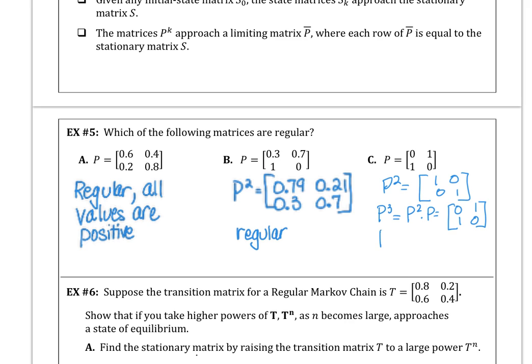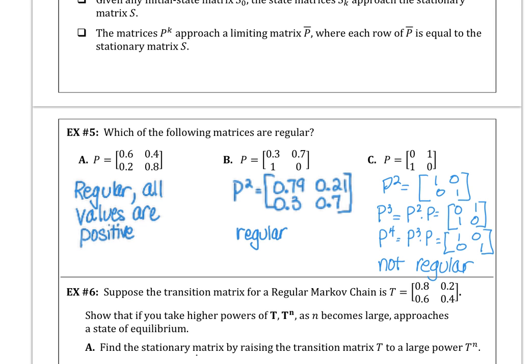And if we find another power, say P to the 4th, it's going to be P cubed times P. It's still oscillating 1, 0, 0, 1. So no matter how many powers of P we apply, it will not give us a regular Markov chain.